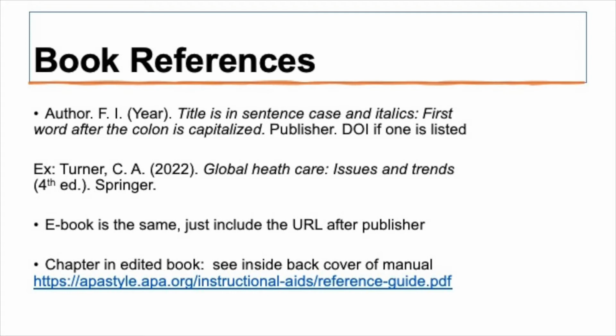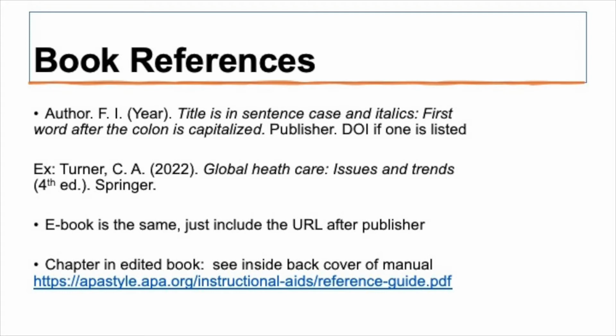Now, some people will put Springer Publishing Company. That's okay. Some people will put Inc. for the name of the publishing company after the name. APA says that you don't have to write out publishing company, for example, because collectively we all know that that is the name of the publisher.